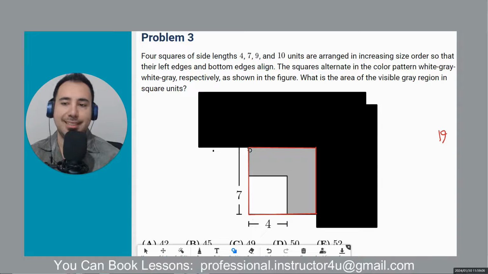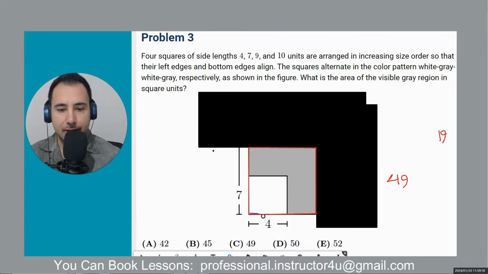So this is, again, a square. This is 7 times 7, the red one, 49. Again, this part is seen out. This is 4, right? It's a square, so this is also 4. I see some people say 7 times 4. No, this is a square, this is a square. So this is also 16. So 49 minus 16.